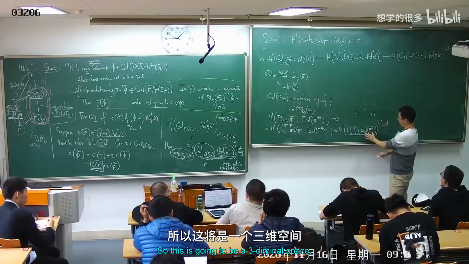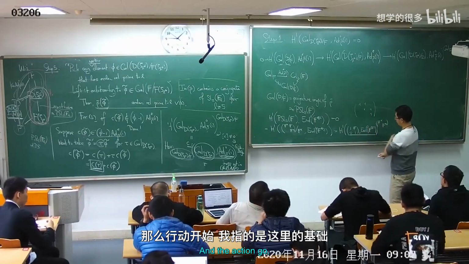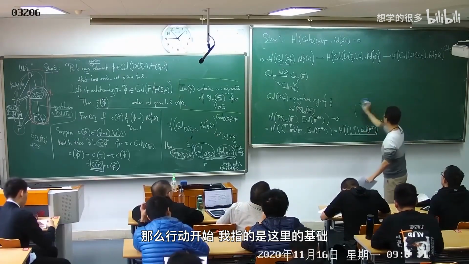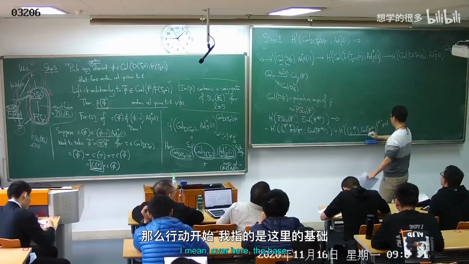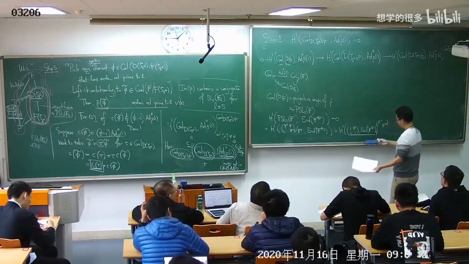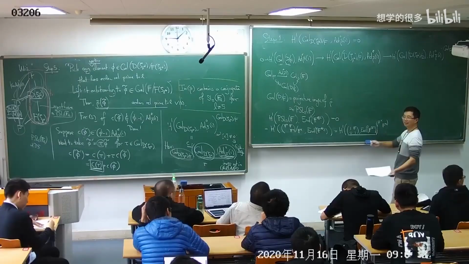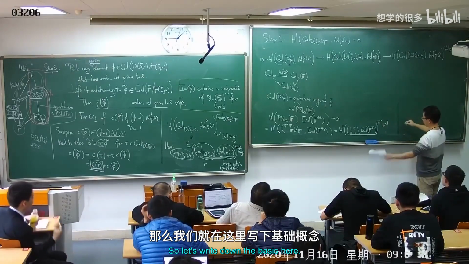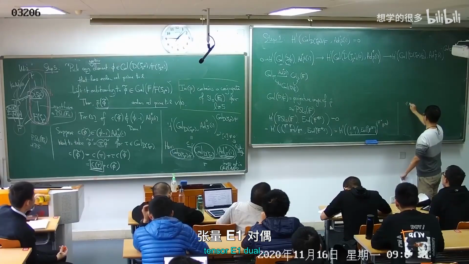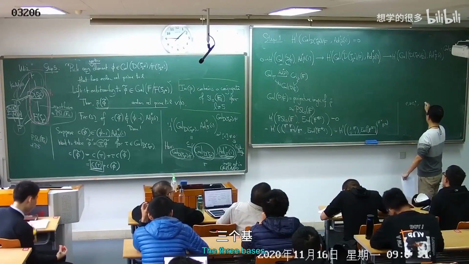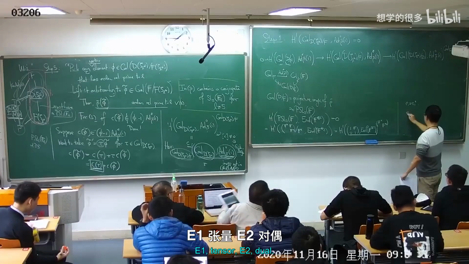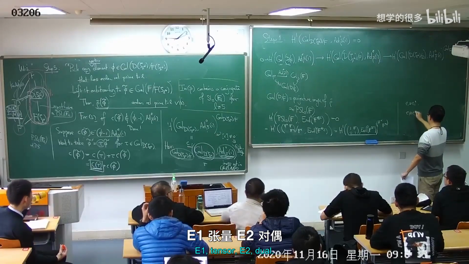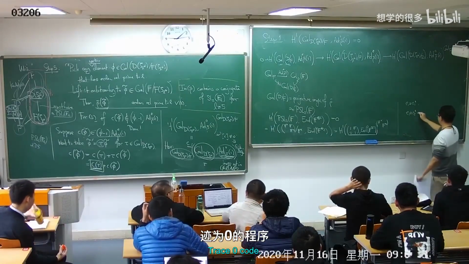So this is going to be a 3-dimensional space. Let's write down the bases here. So E1 tensor E1 dual, E1 tensor E2 dual, trace 0 code.